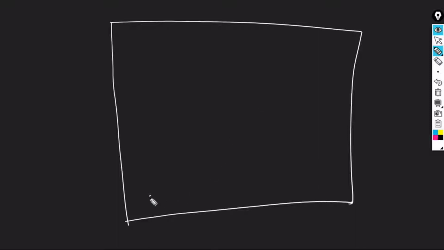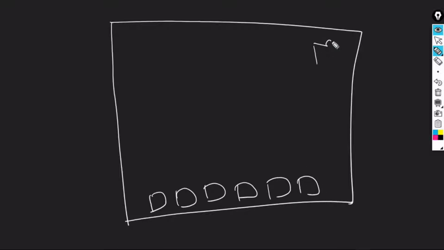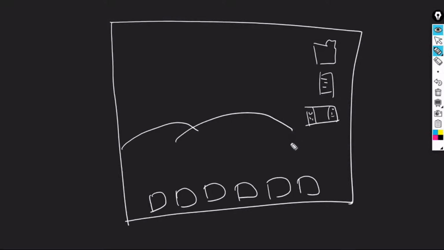So maybe we've got our Mac here, some programs in the dock. We have a folder here, and maybe a file here. We've got a video here, right? Etc., etc. A nice picture, maybe, and some sunlight.